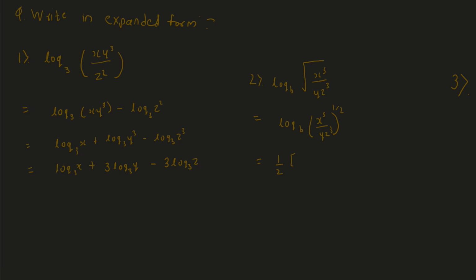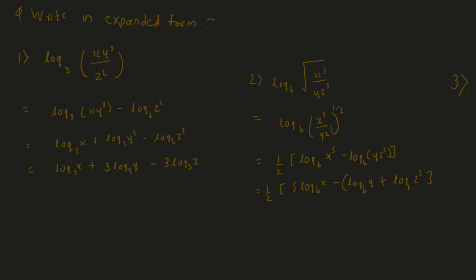The 1 half will come outside, and what's remaining inside can be separated using the quotient rule, and we write it as log x to the 5 minus log yz cubed. 5 can be taken outside, so this becomes 5 times log x to the base b minus log y to the base b, and then log z cubed to the base b.